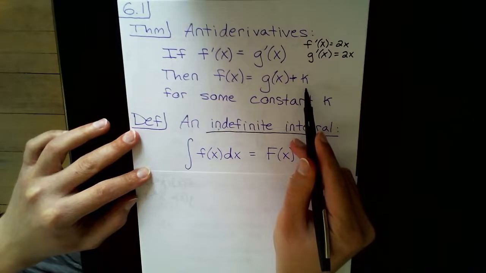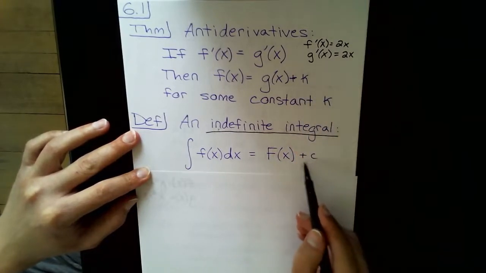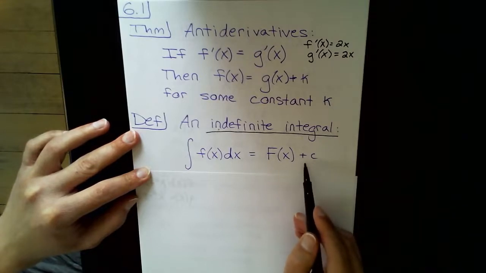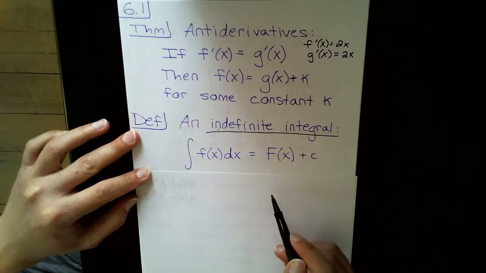If there was a plus 2 or a minus 8 or anything like that, it would go away. So when you find the antiderivative, you have to account for this and say there might have been some constant c that we need to take into account.